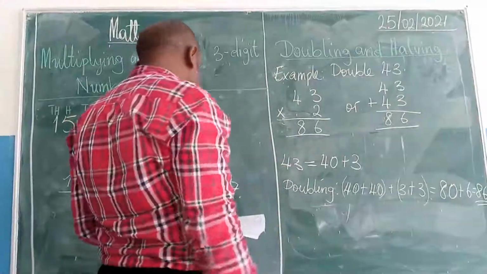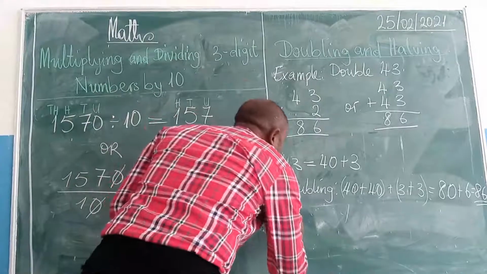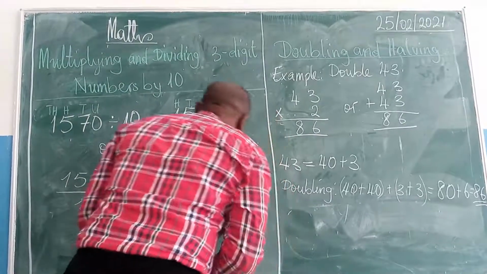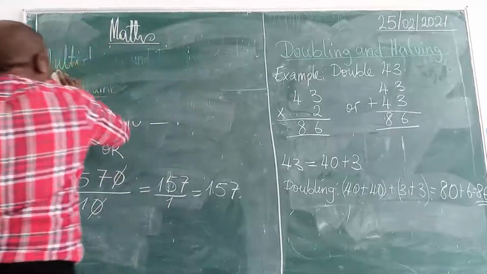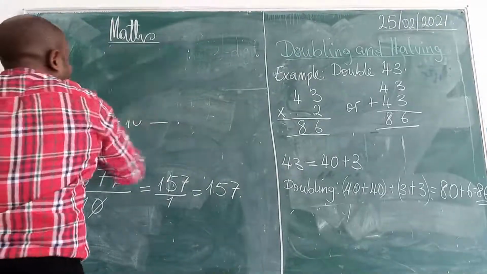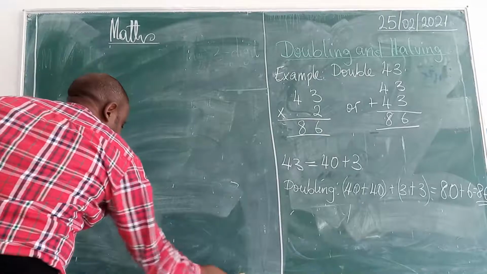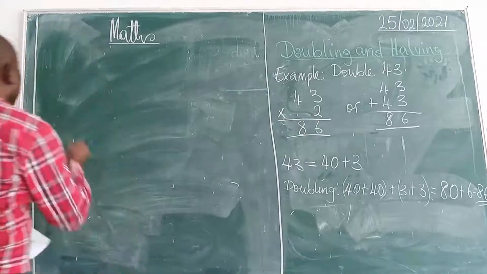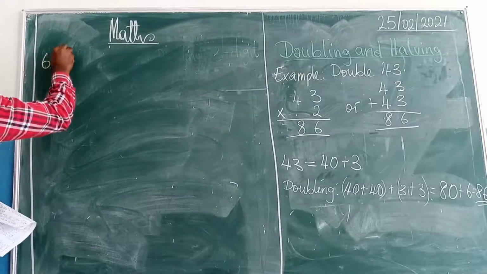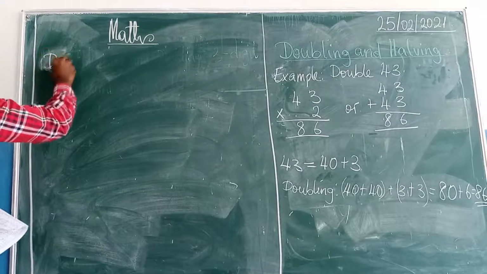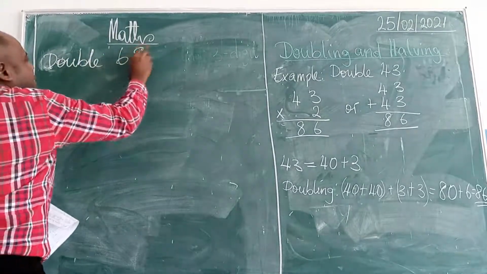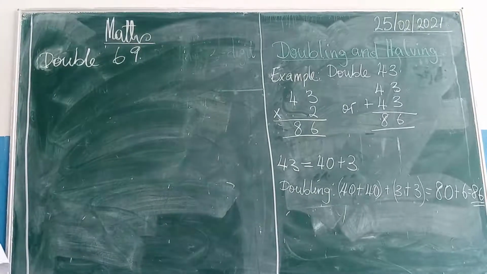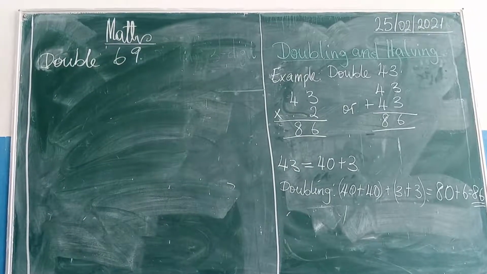Now, let me give us the second example. Double 69. Let's use all of the methods.